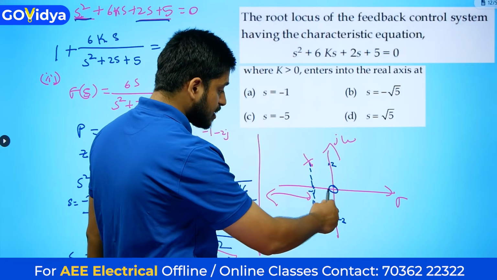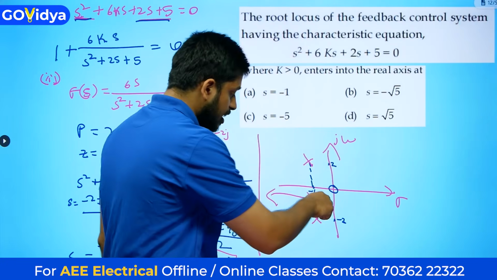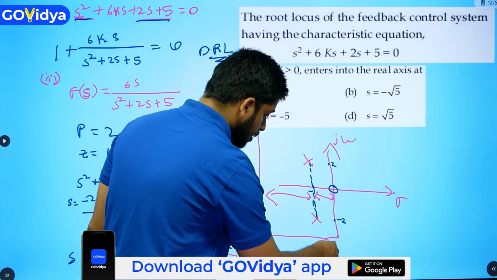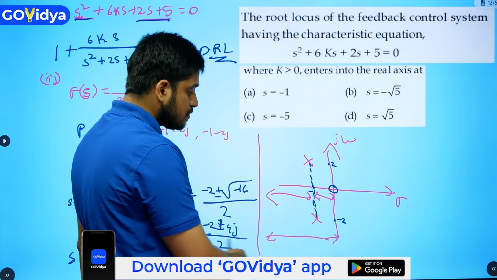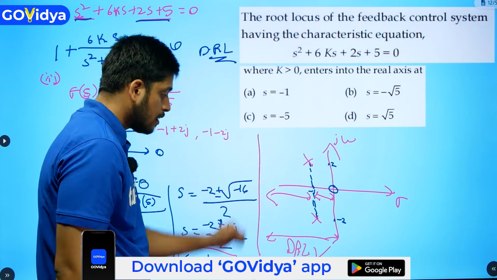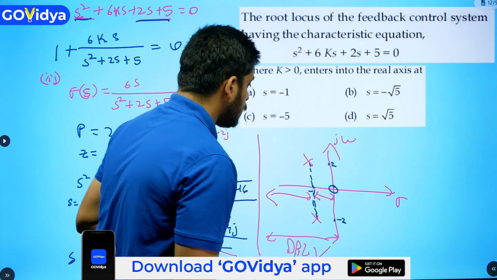Again, seeing after these poles, there is 1 pole, so 3 poles plus 1 pole, odd, so DRL again exists here. So this whole region from the negative half up to 0, DRL exists. Again after 0 it does not exist because there are no poles and no zeros.